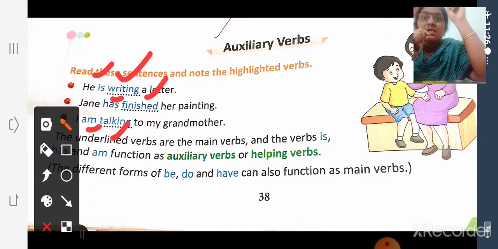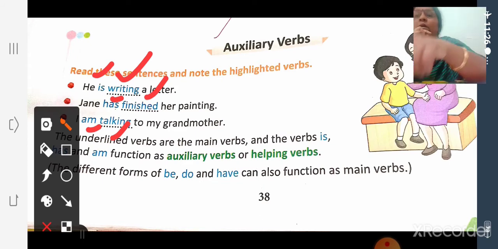It is used just before the main verb. So a verb that comes before the main verb is the helping verb. In the first sentence, he is writing a letter, writing is the main verb. The verb that comes just before this main verb is is.